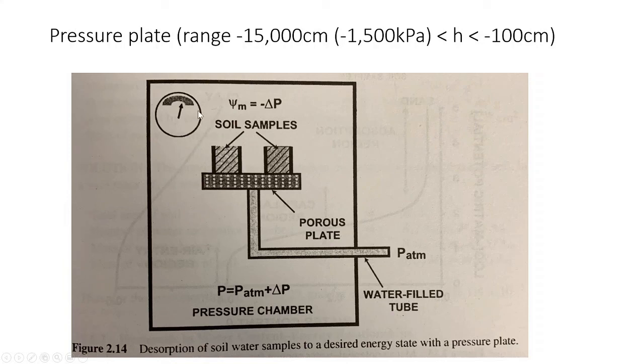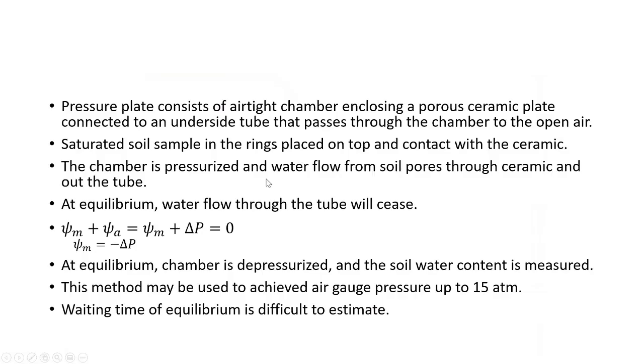That's why we know, at a different pressure, what the soil moisture content in the soil would be. After we measure, we close the chamber again and continue with the other soil samples at a greater negative pressure, and therefore we again know, at a different pressure, what happened to the soil water content for the different soil samples left in the pressurized chamber.